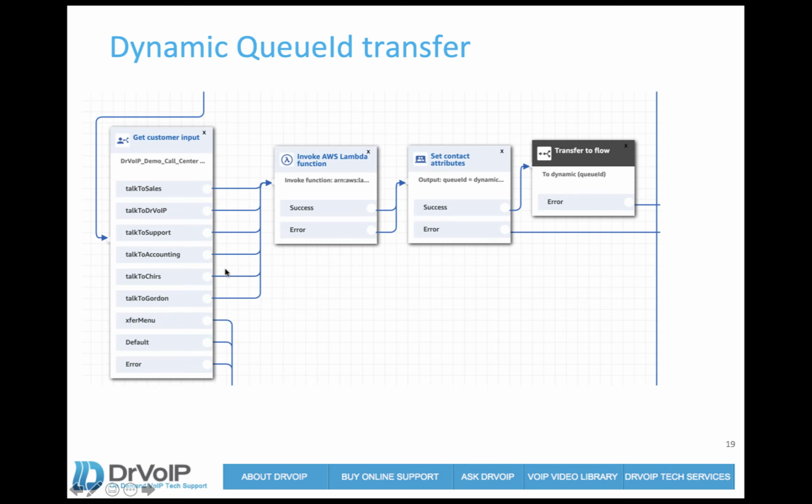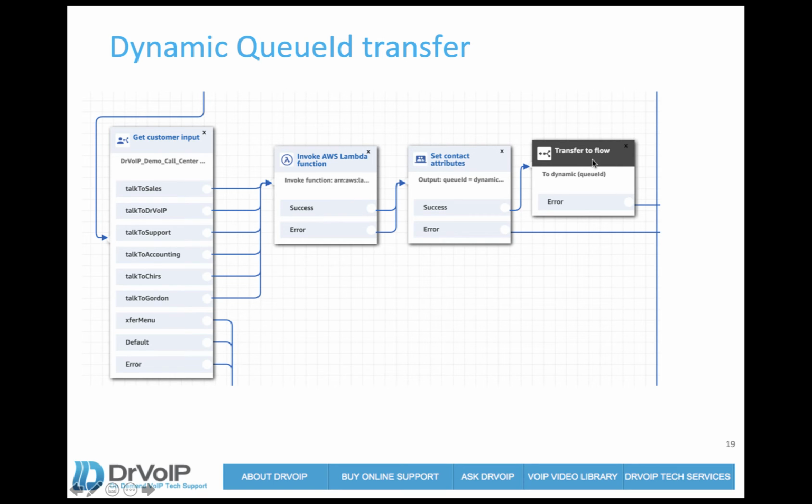Simply, we're going to take the intent, whether it was press 1 or if this is speech recognition, that's a Lex intent. We're going to pass it over here to a Lambda function that's going to go out into a DynamoDB database and bring back configuration data that we need to support each of these different selections.